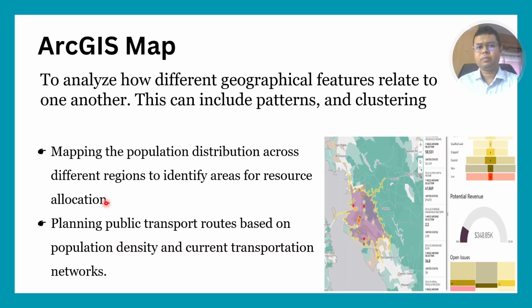Maybe a government or an NGO has 1 million products. They need to distribute these products, any type of product, across the country, right? Based on the population distribution or density, like this. So in this case, that NGO or government or any other entity can use the ArcGIS map to map the population distribution, and based on the population density, they can allocate the resources without bias, right?